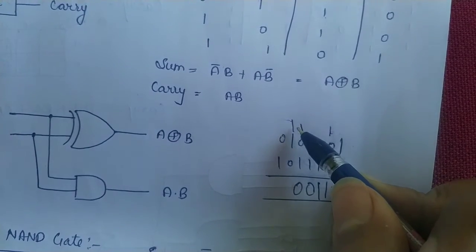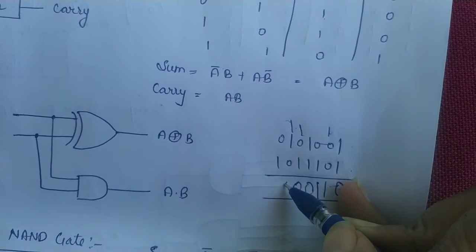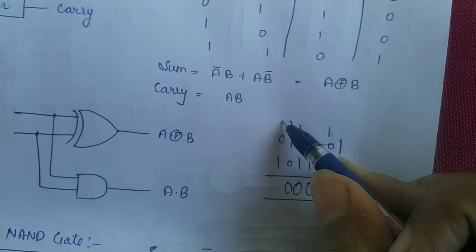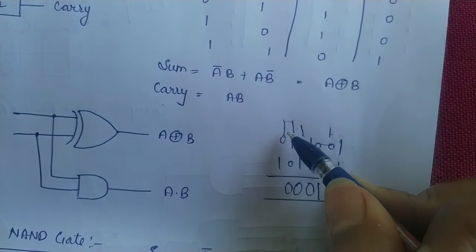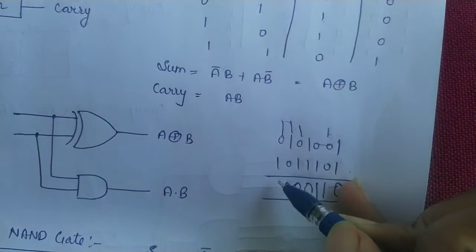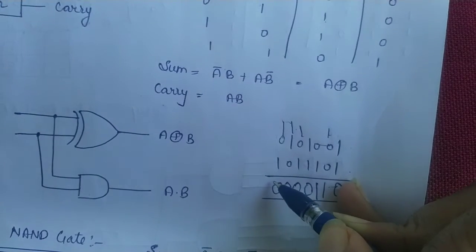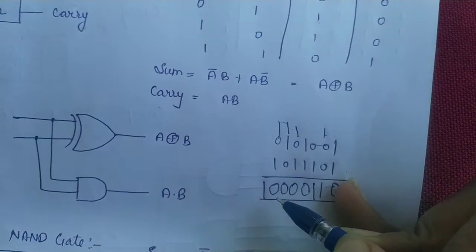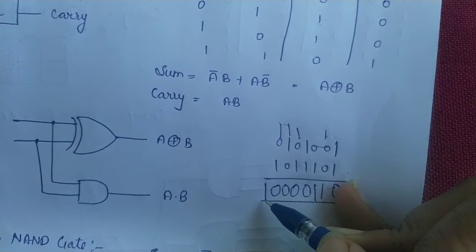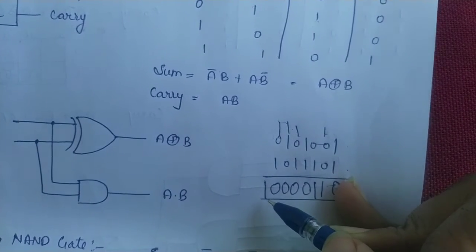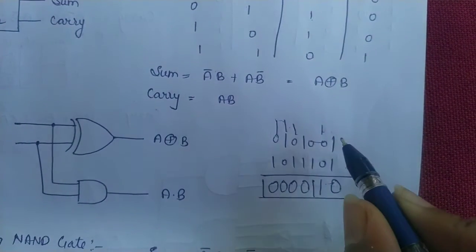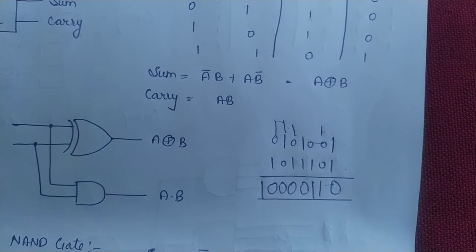Again, if we add 1 and 1, the output will be 0 and there will be a carry of 1. If we add 1 and 0, it will be 1. Adding 1 and 1, output will be 0 and there is a carry of 1. So this is the addition of these two binary values.